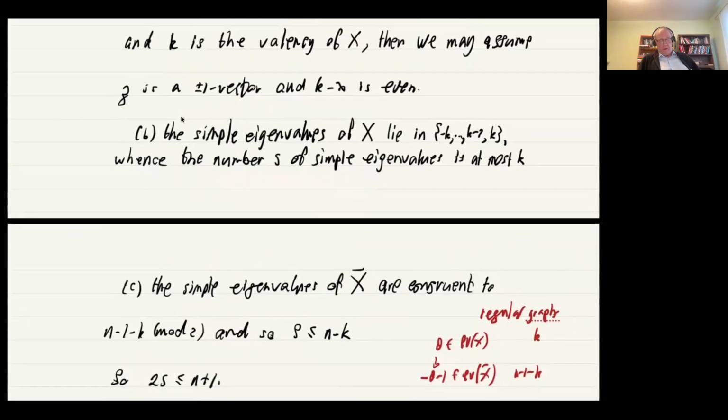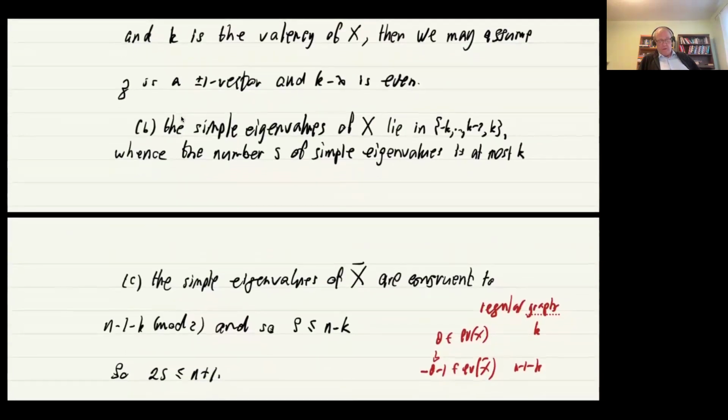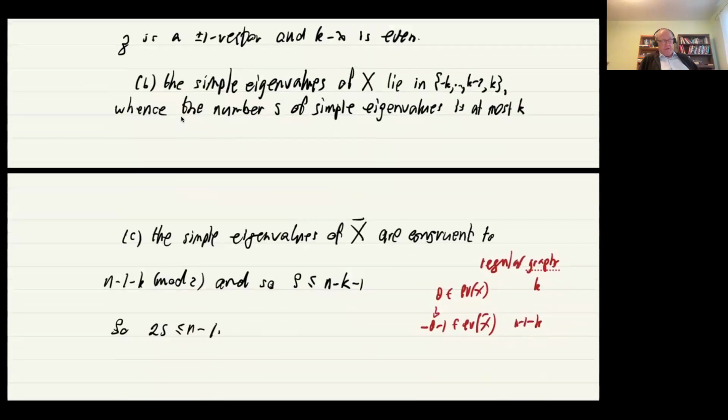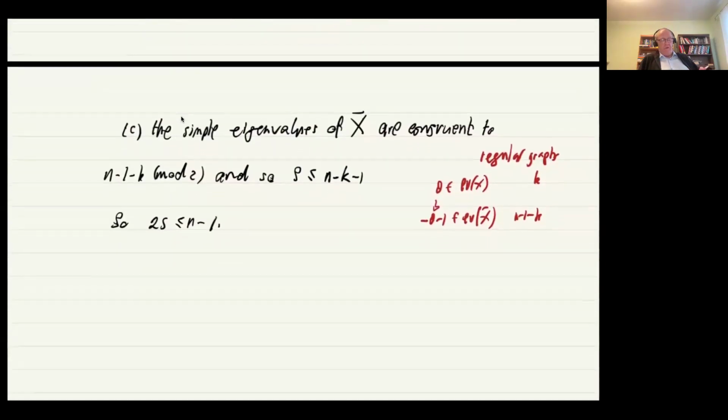I think this is n minus K plus 1. And so 2s is less than n minus 1. Now, we're going to see that n is even, and so this proves the theorem.